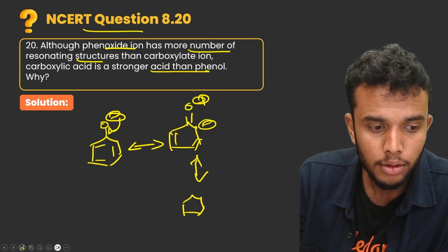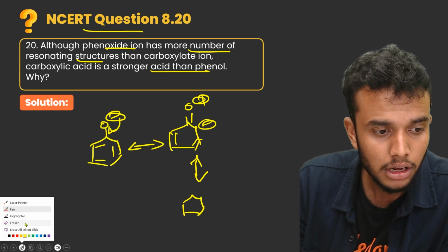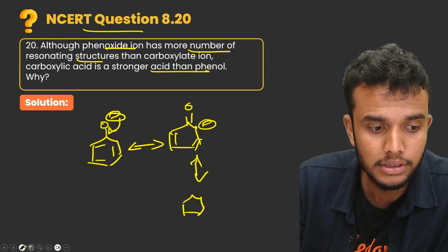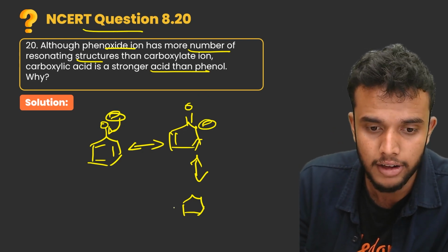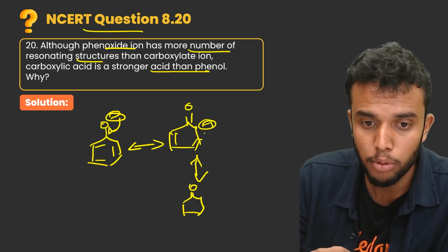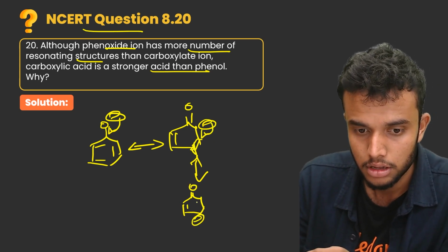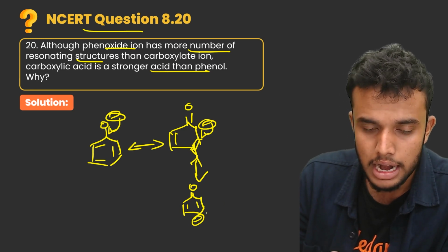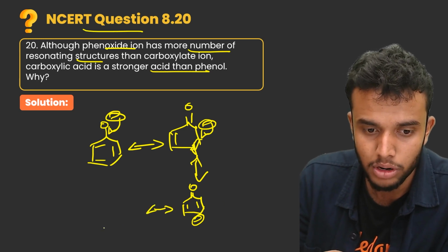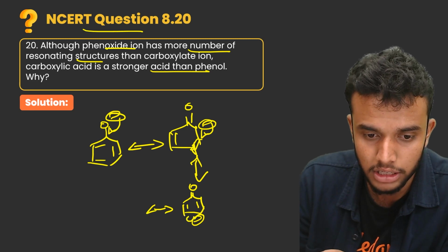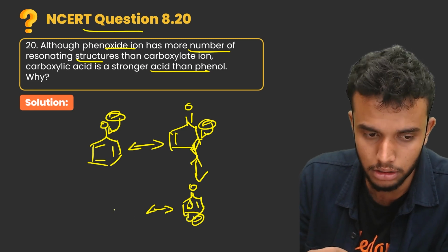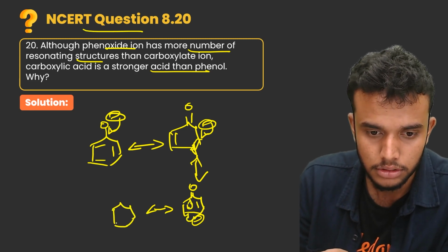Why? Because it already has a negative charge. Its valency is already satisfied. Second one, the bond moves and the negative charge moves towards this. Right? Next possible structure. What is the next possible structure? The bond moves and this happens.